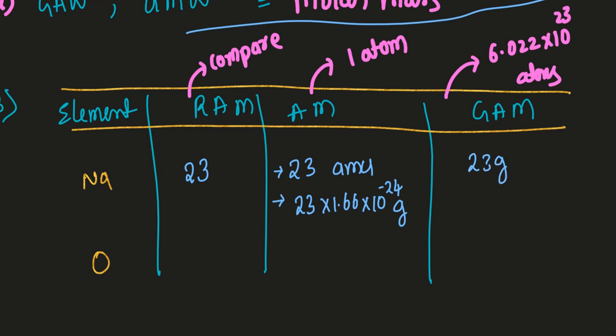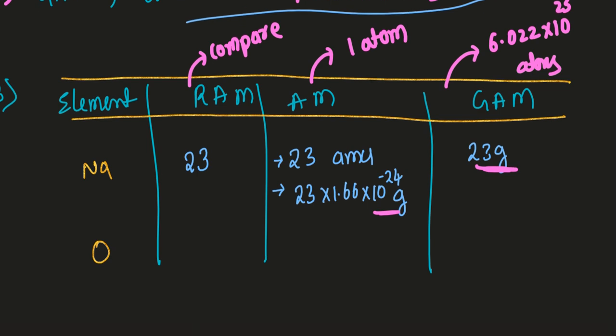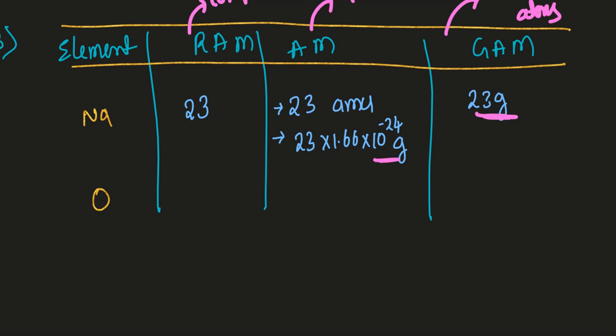Know the difference between this gram and that gram: this gram is for these many atoms, whereas that gram is for one atom. Coming to oxygen, its relative atomic mass is 16. In the same way, its atomic mass is 16 AMU.